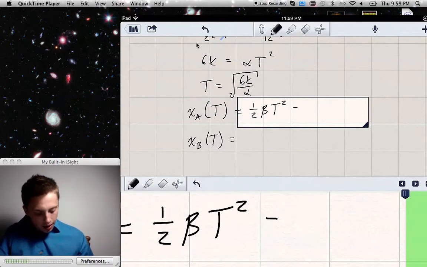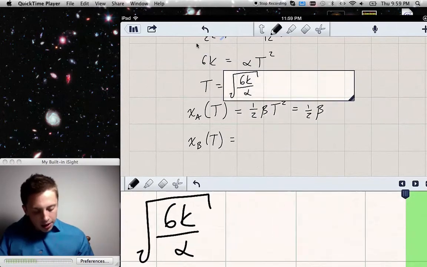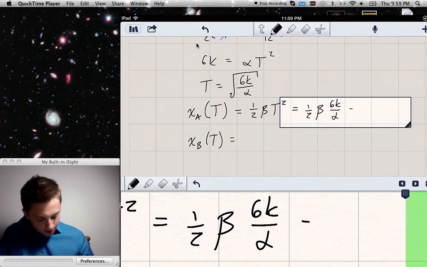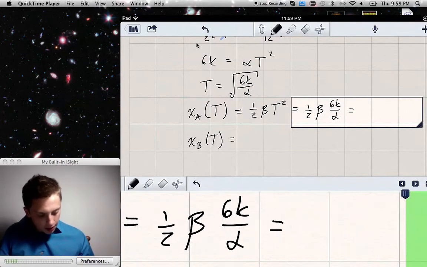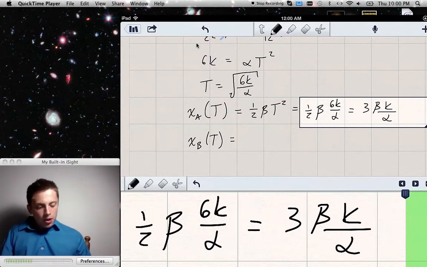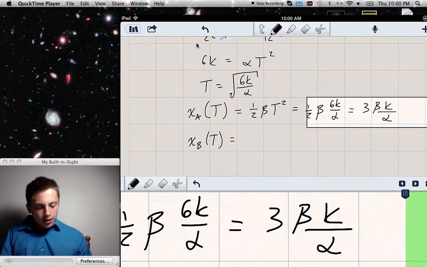We're evaluating it at capital T, the meeting time, so we get 1/2 beta. Capital T squared is 6k over alpha, so that just gives us 6k over alpha. And therefore we have 6 divided by 2 is 3 beta k over alpha. Okay? We know beta, we know k, and we know alpha. Those were all given values.